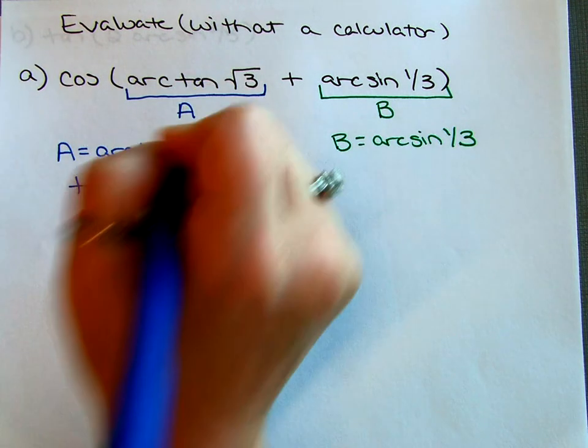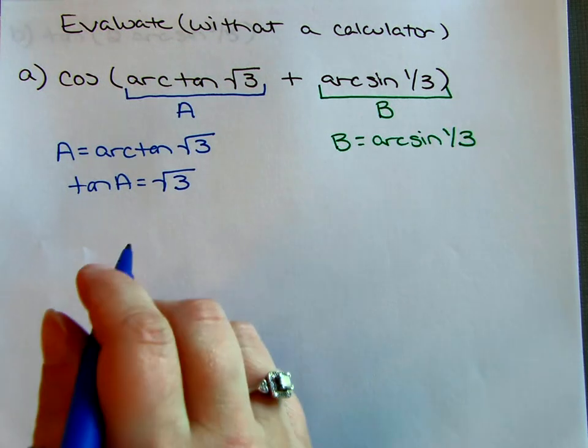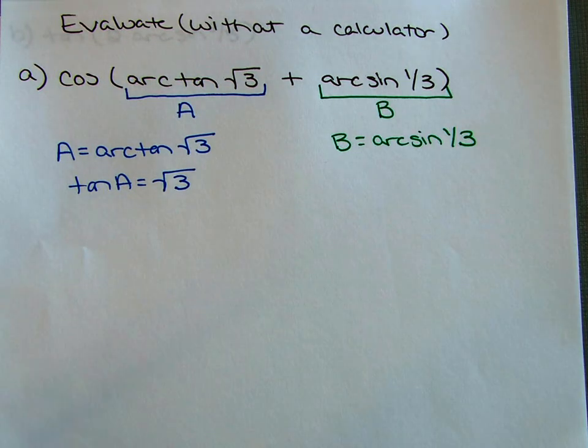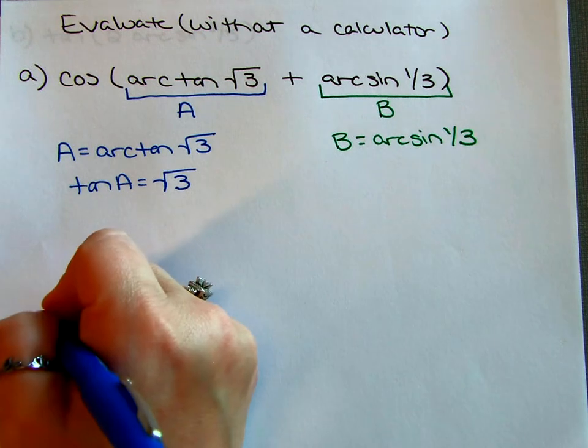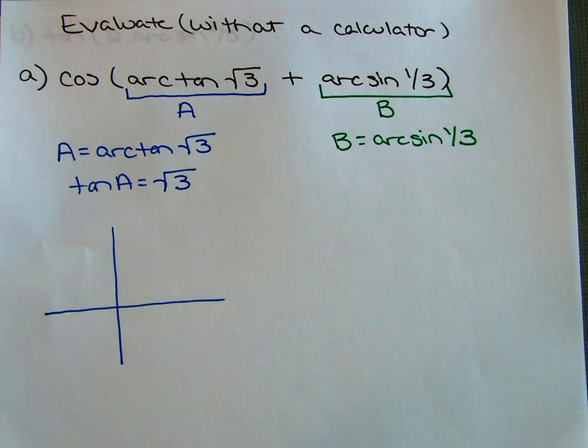Great. So I need to draw a triangle based on that information. And you're like, well, that's not a lot of information. You're not wrong on that. But I know tangent is in quad 1 or quad 4. Since it's positive, I'm in quad 1.